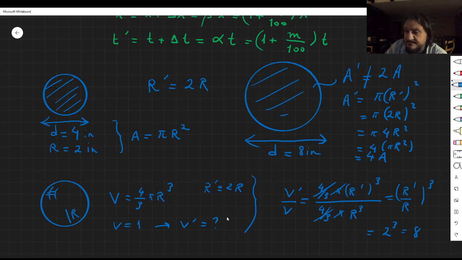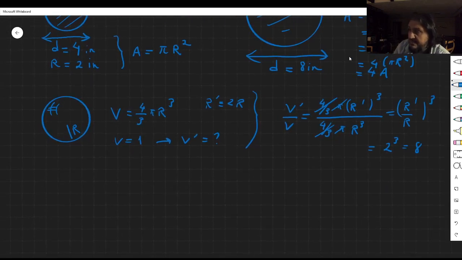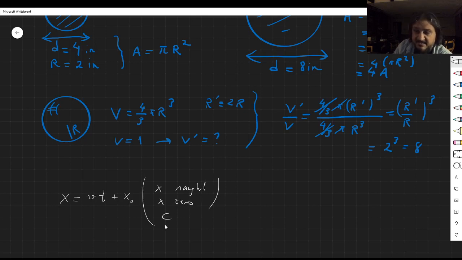Alright, so to summarize, from now on we're going to use variables, and we're going to use linear relationships a lot. So if I write x equals vt plus a constant, let's use the letter x naught this time, or x0, instead of c. They all mean the same thing. But if I write this, it's very common.